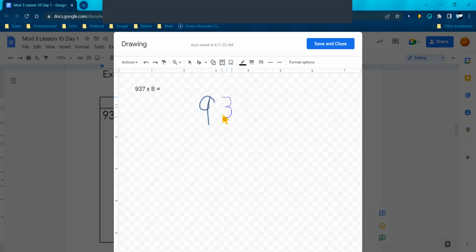So I'm going to show you how we can do it in our scribble, because here soon I'm going to give you just scribble and you've got to learn how to set it up. So I wrote the 973 and I wrote my 8 and multiplication sign. Just like the boxes, it's just this time you do it by yourself. We have 8 times 7, which is 56. And yes, I do put the plus sign when I write it out.